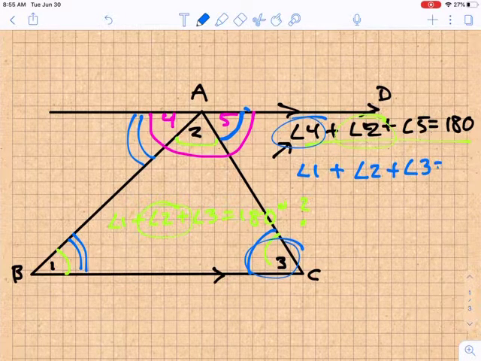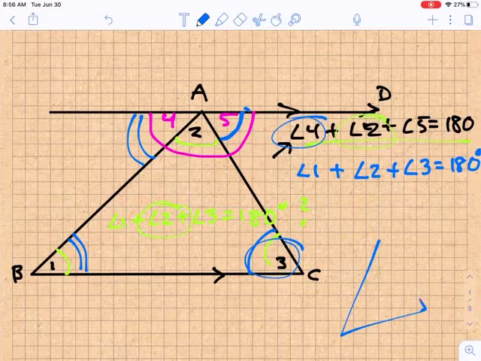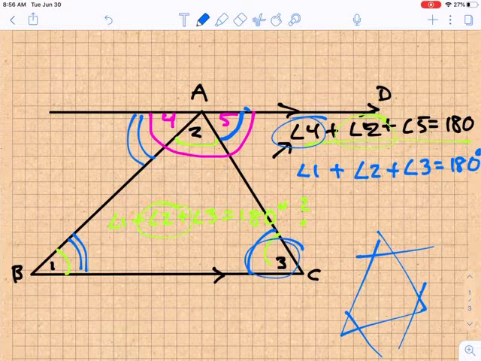And just like that, you have shown that all three of these angles add up to 180 degrees. It really is that simple. That is one of the reasons this works. If you didn't believe it, you could draw any arbitrary triangle on a piece of paper, cut the corners off, and line them up.